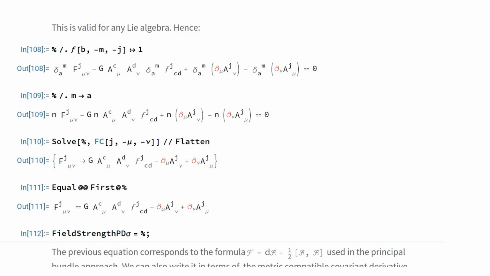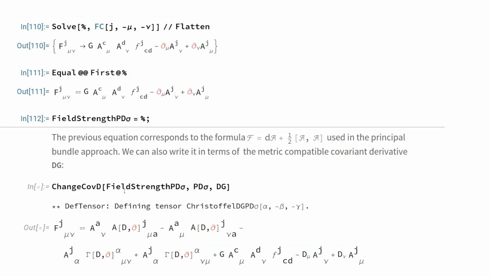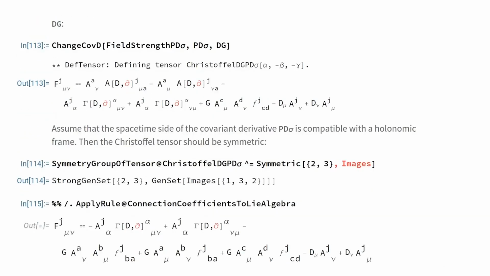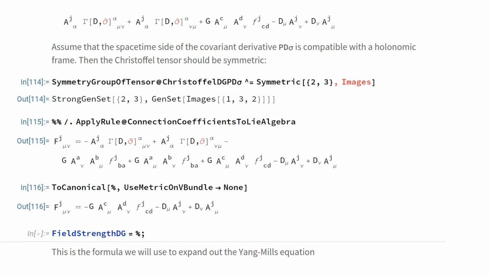It can also be written in terms of the gauge covariant derivative that is compatible with the metric. This formula is obtained assuming that we are working in a vector bundle frame such that its spacetime part is holonomic, a coordinate frame.